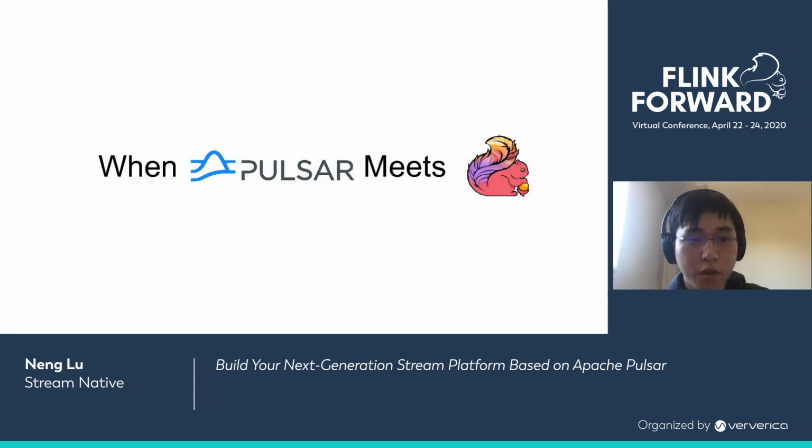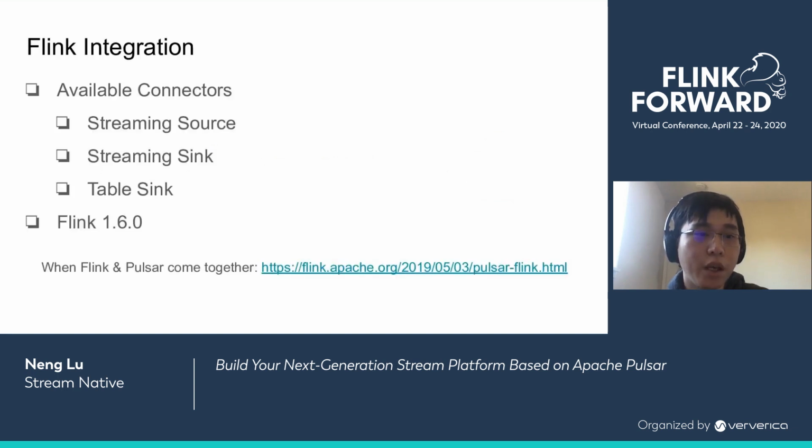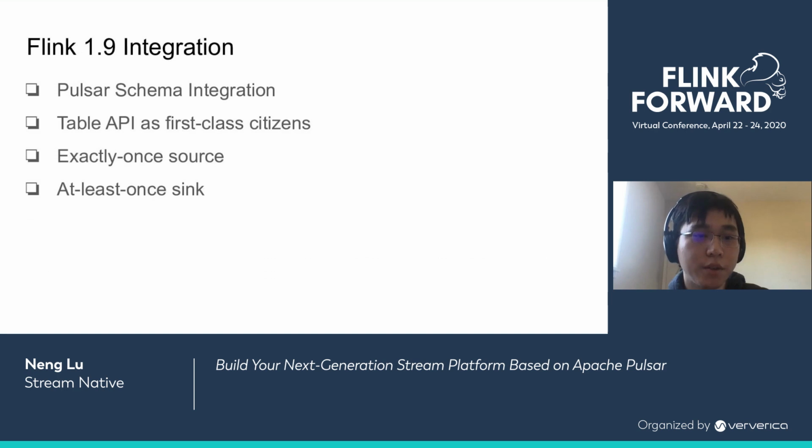So when Pulsar meets Flink, we developed many features in order to integrate Flink with Pulsar and support many Flink features. We have connectors available, like the streaming source, streaming sink, and table sink, since Flink 1.6.0.